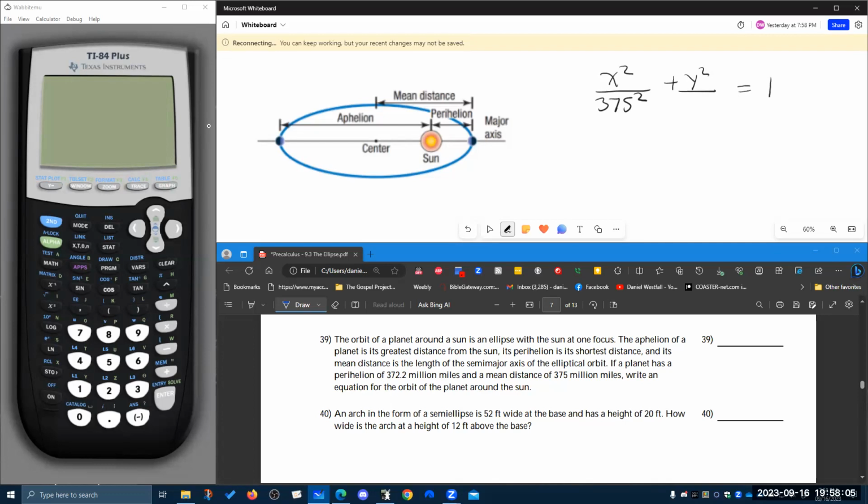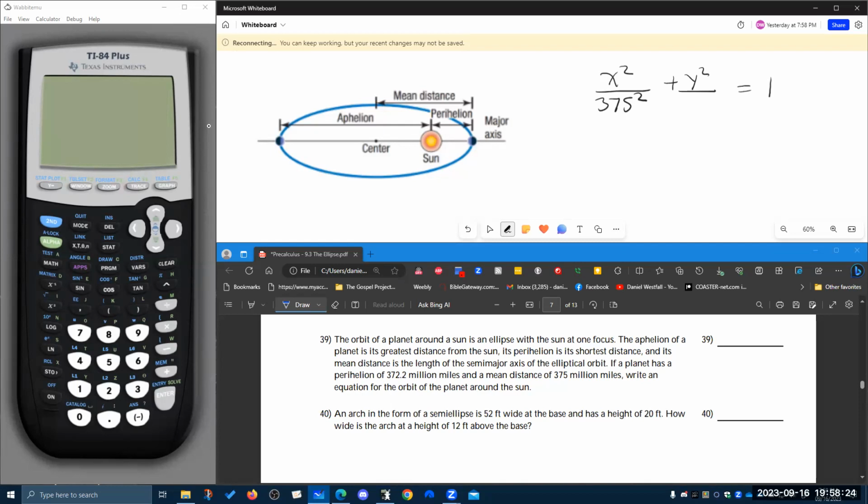So now let's go ahead and try and solve for this b that goes in here. To do that, we're going to need to find c, because the difference between a squared and b squared is c squared.